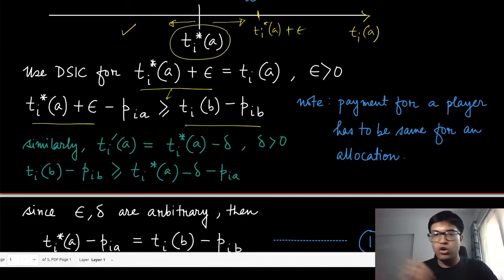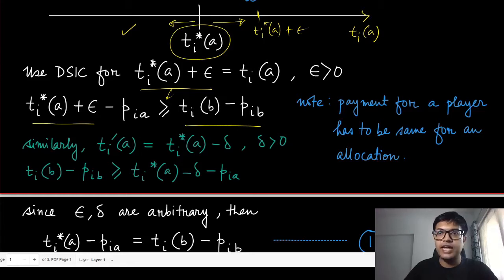And now I would also like to mention one point that we have said long ago, that if you are looking at only DSIC mechanisms, then by changing the valuation report, if you cannot change the outcome, then the payment should also remain the same.